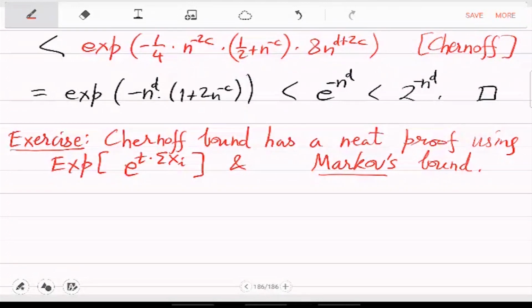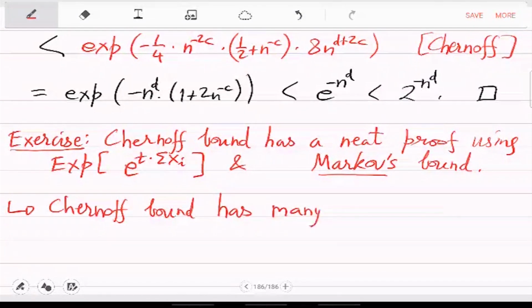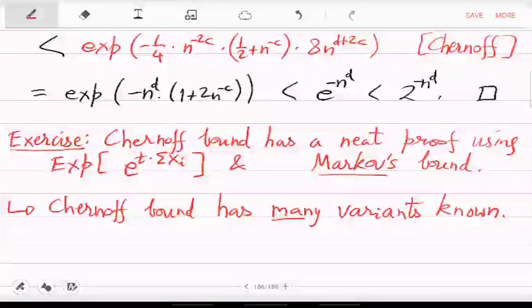And Chernoff bound has many other variants. In different situations, you can also relax this IID condition, and you can also make the random variables xi's non-Boolean.